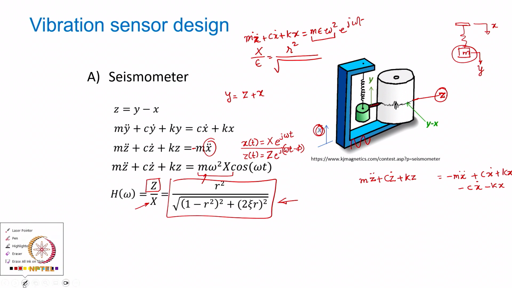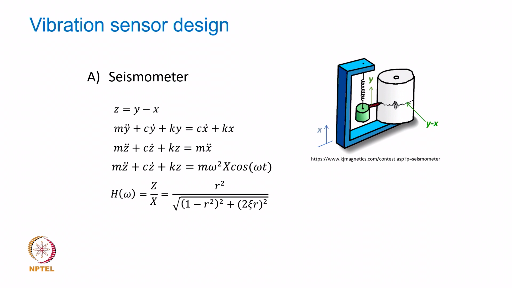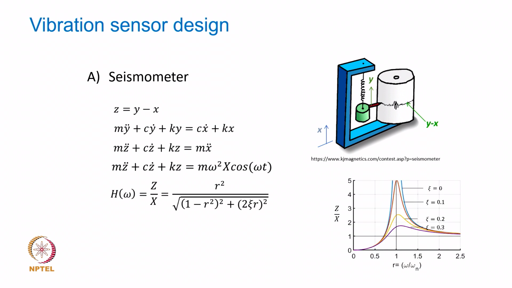All right. Now, if I plot this expression, we already know that this is how it is going to look. This is the case of the rotating unbalanced case.